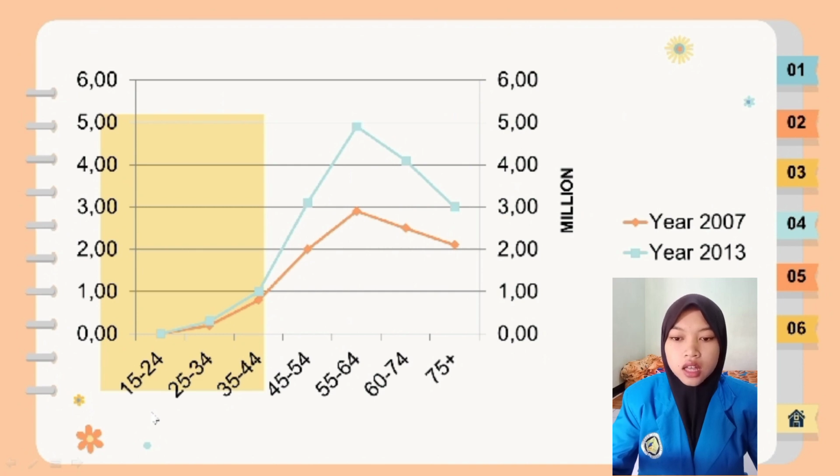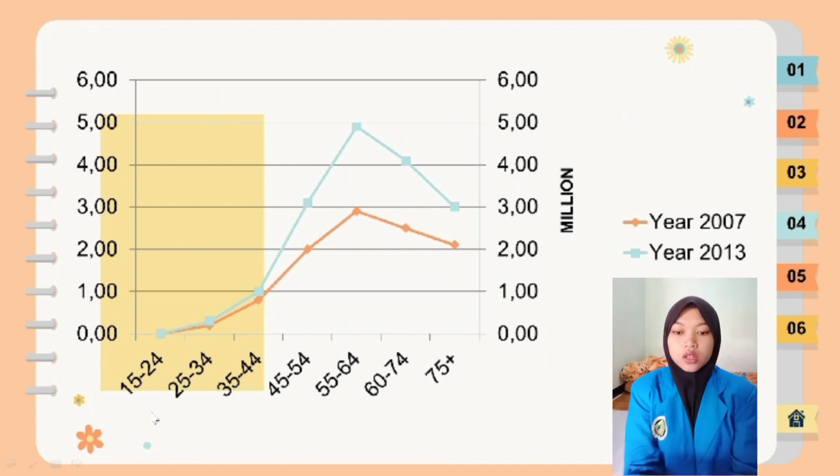And at the age of 45 to 54, in the year 2007, there were as many as 2 million inhabitants, whereas in the year 2013, there were as many as 30 million.